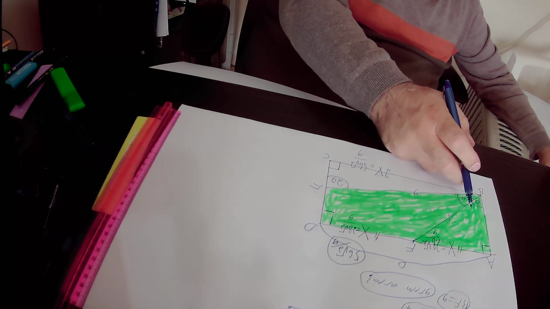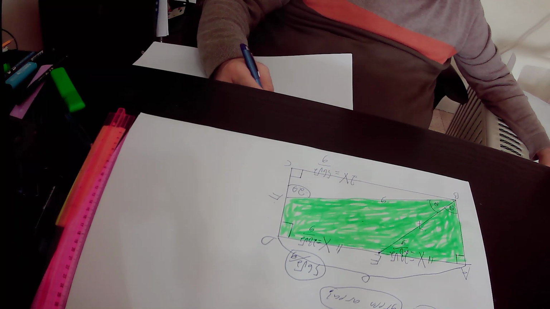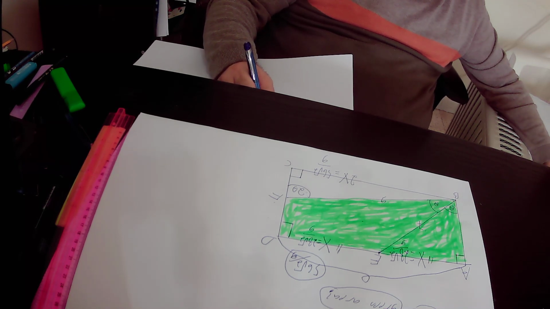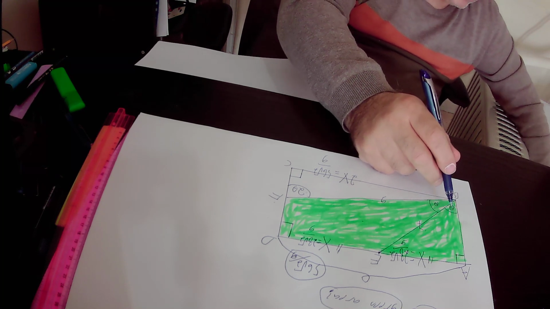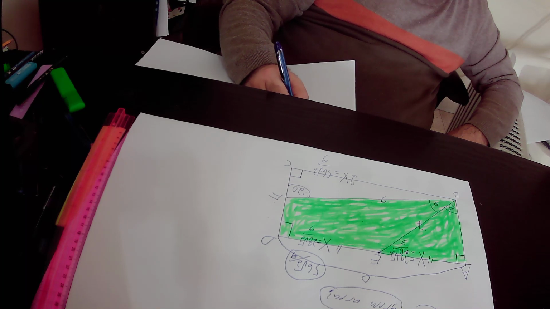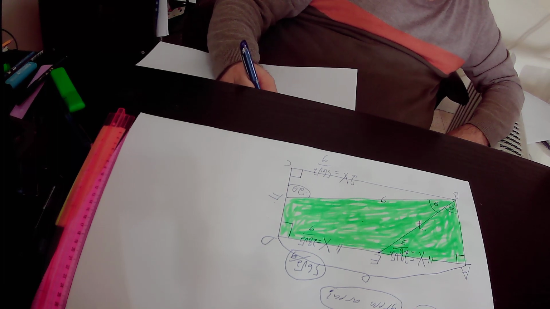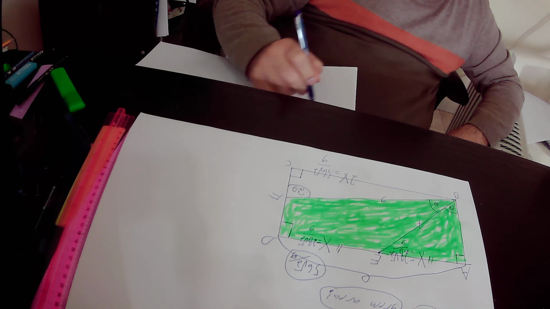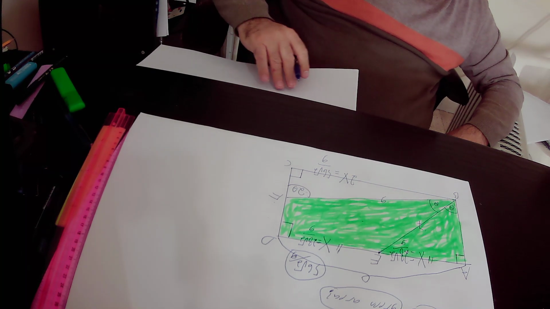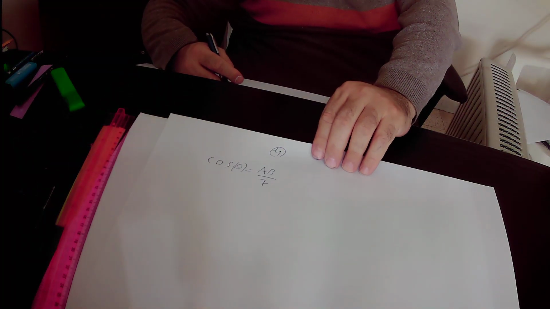In this green right triangle, cosine theta equals AB over BF, that is 7, AB over 7. Okay, cosine theta equals AB over 7.